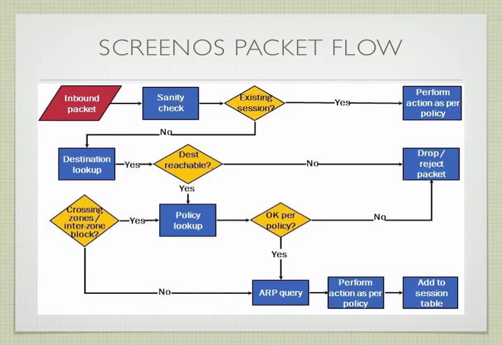Now, because we have a default route, most things are going to be reachable by something, but if it does have some kind of black hole rule or some reason that there is no route to the address that is arriving, it will drop right at that point and reject the packet, and no session will be created. Once it's decided that the destination is reachable, it looks where it's going to forward that packet.